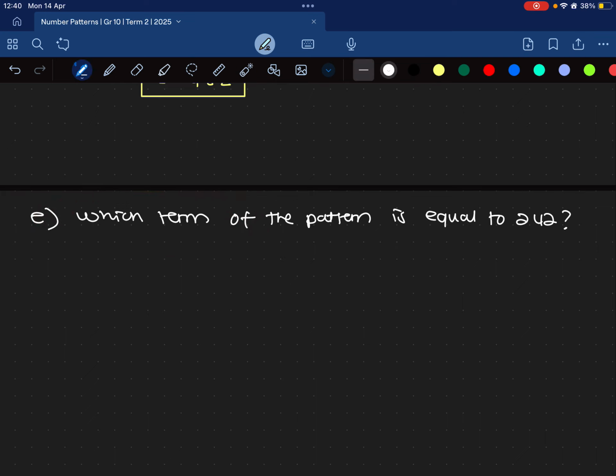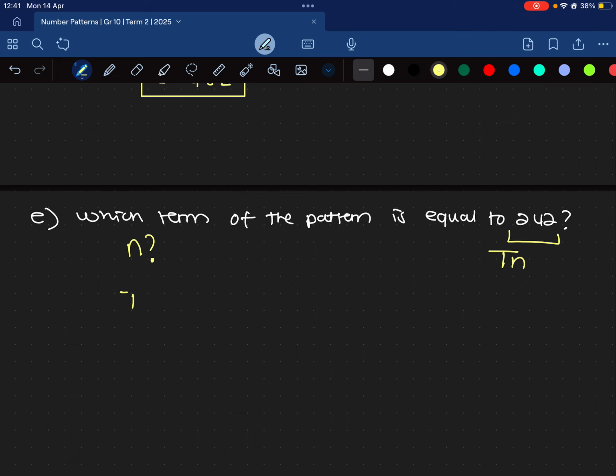So now I have to find n. I don't know what n is. But I do know that 242 is the Tn, because they want to know where in the number pattern 242 is going to be.